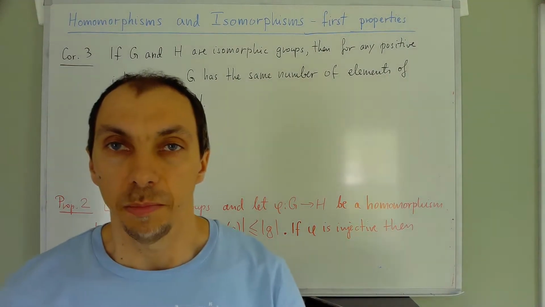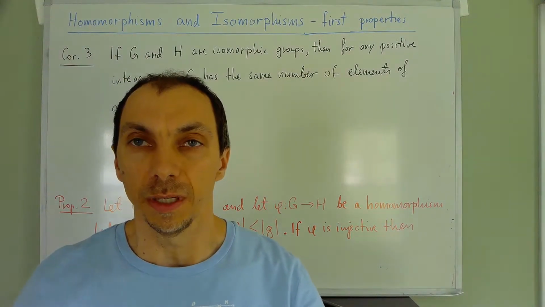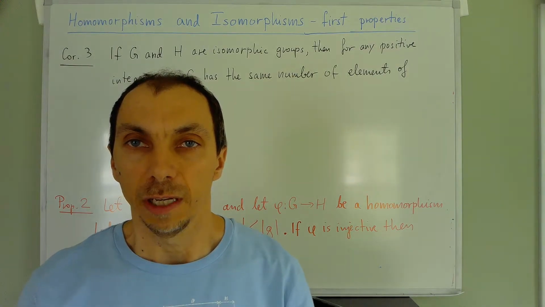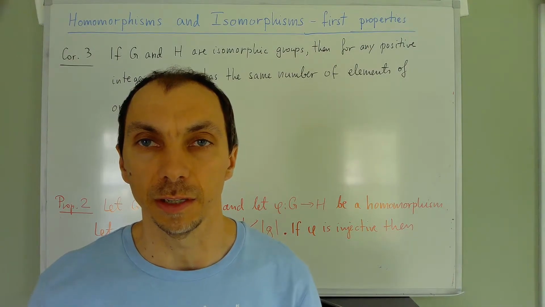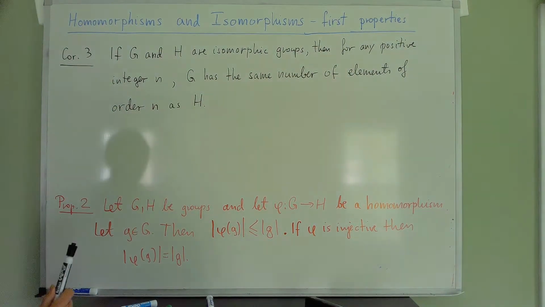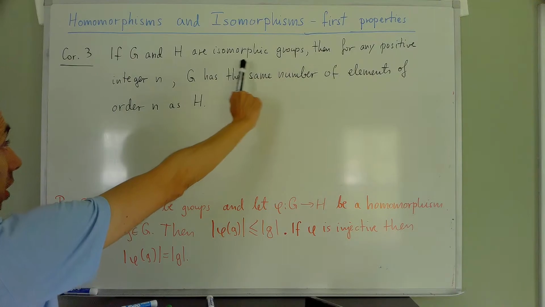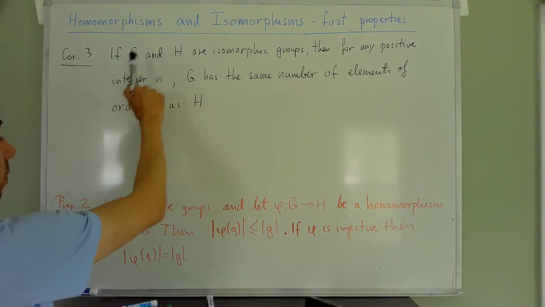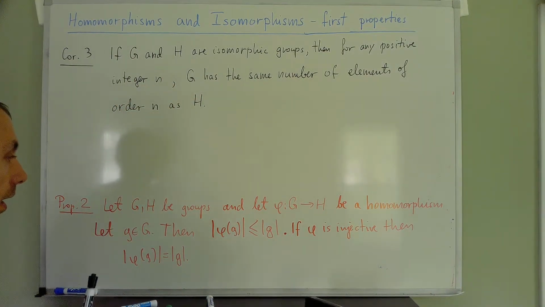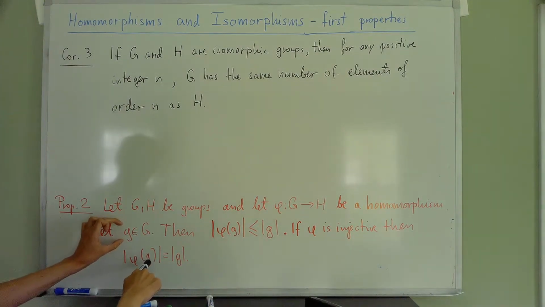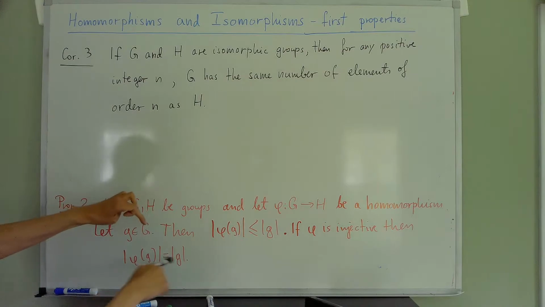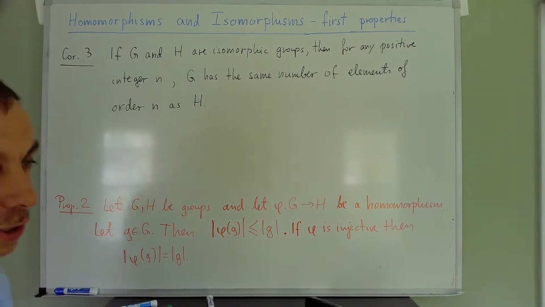Not only must they have the same number of elements in total, but given any possible order, they must have the same number of elements of that order. Why is that true? Because if they're isomorphic, there's an isomorphism phi between G and H. And isomorphisms are injective, so for any given element, the order doesn't change. The order of g is equal to the order of phi of g.